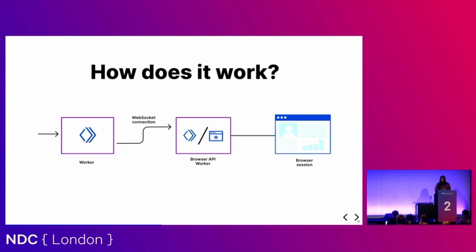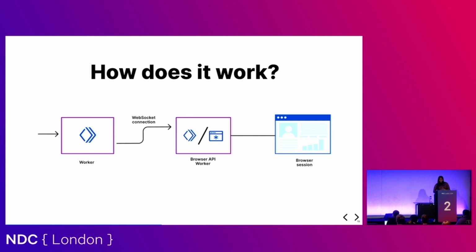But how does it all work, right? The rendering API combines the power of Cloudflare Workers and something called remote browser isolation. As part of our Zero Trust offering, we use remote browser isolation under the hood. Basically, remote browser isolation allows users to interact with a web browser in a remote environment, compared to accessing the browser directly from the client, right?